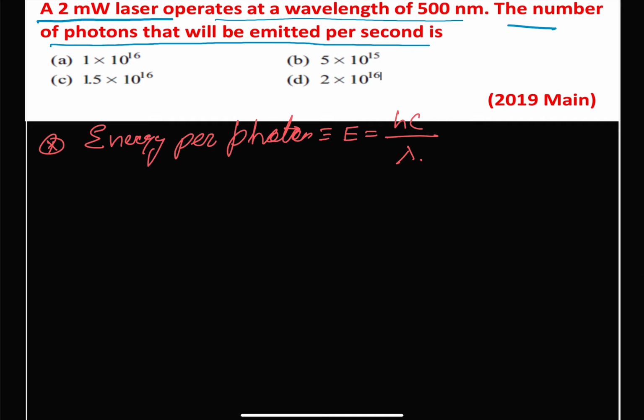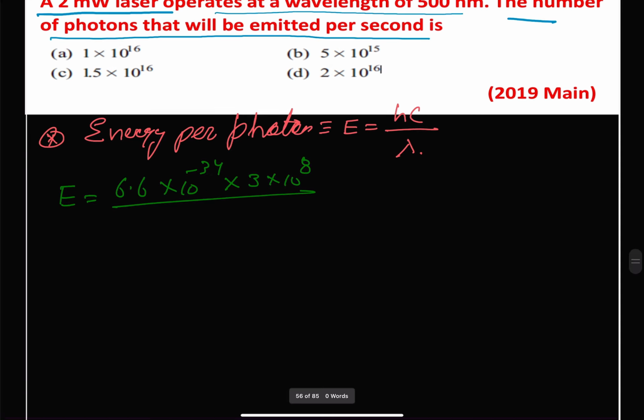We substitute the values, we get E is equal to 6.6 into 10 to the power minus 34, c is 3 into 10 to the power 8, and lambda is 500 nanometer, 10 to the power minus 9. This gives us that our energy will be equal to 3.96 into 10 to the power minus 19 joules.